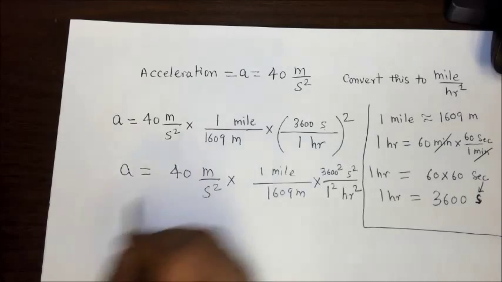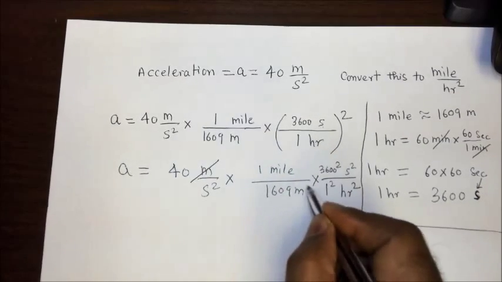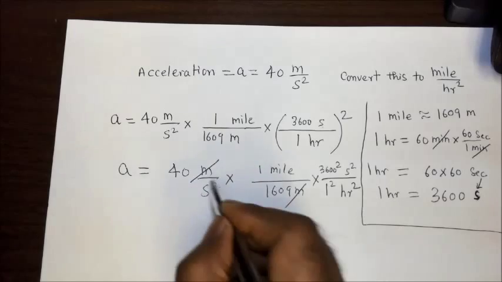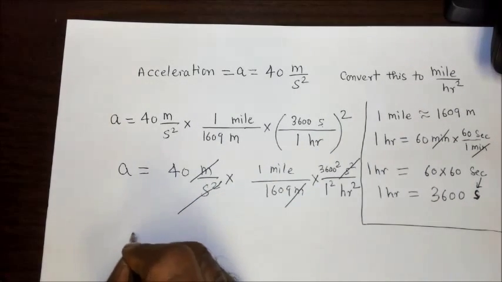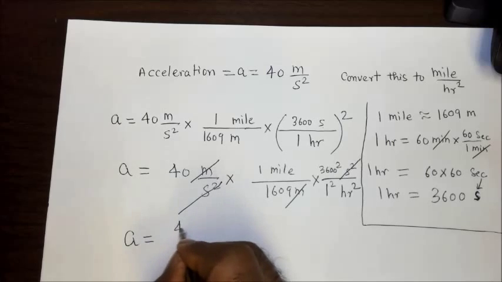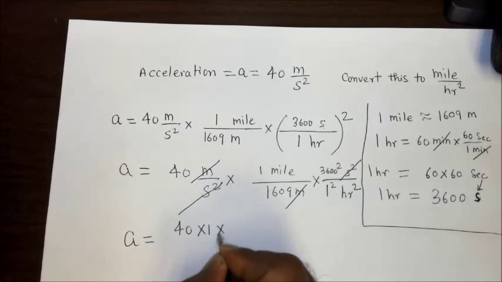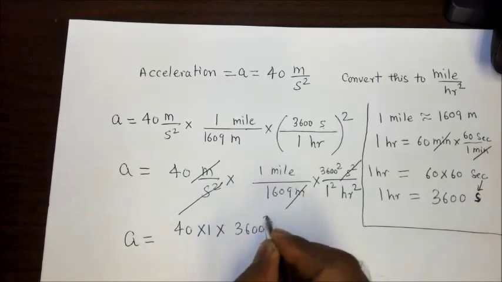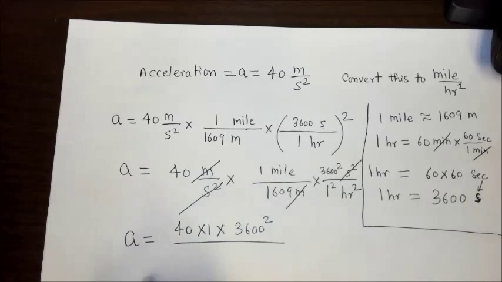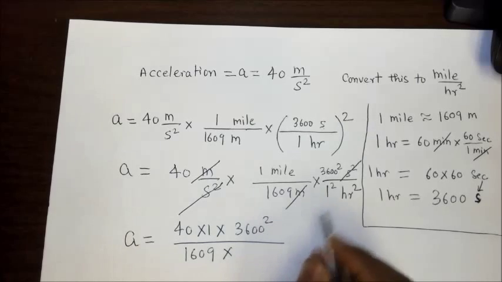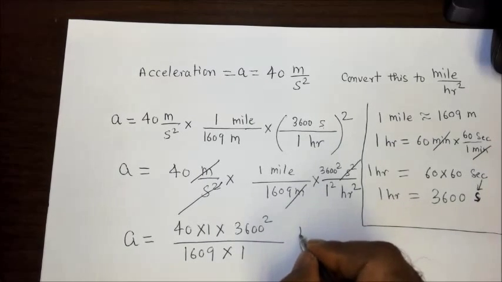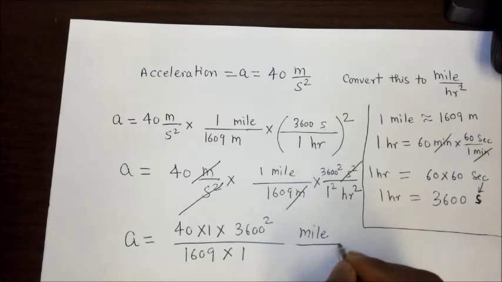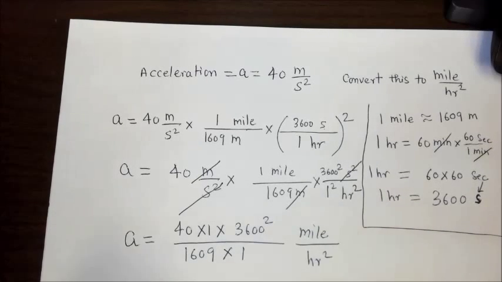Let's see what happens. Meter and meter is cancelled out. Second square and second square is cancelled out. So A becomes 40 times 1 times 3600 square divided by 1609 times 1 square is 1, so 1 mile per hour square.